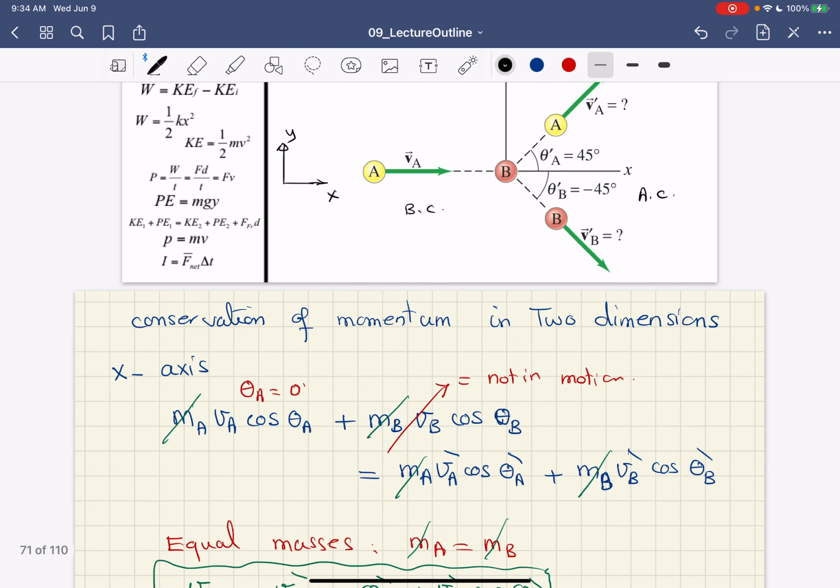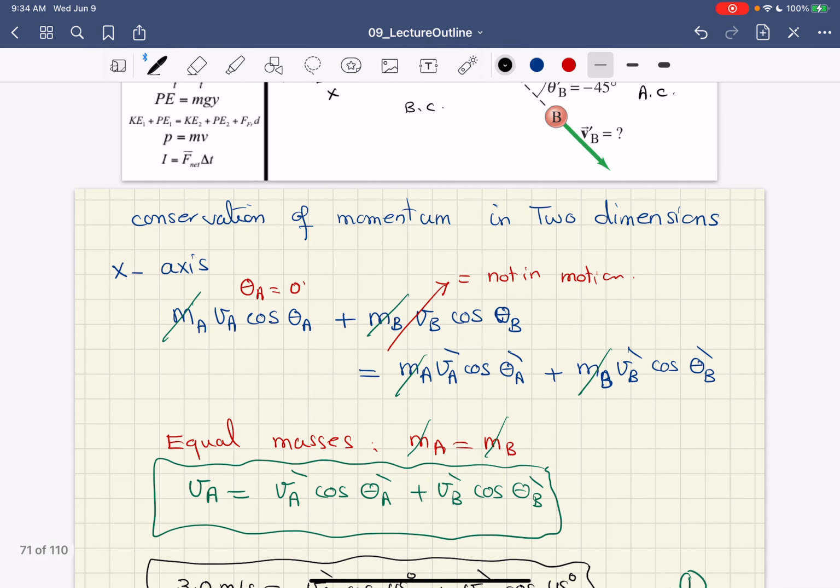Now, conservation of momentum here is going to be in two dimensions. For the x-axis, it will be MAVA cosine theta A plus MBVB cosine theta B, before, equals after: MAVA prime cosine theta A prime plus MBVB prime cosine theta B prime.